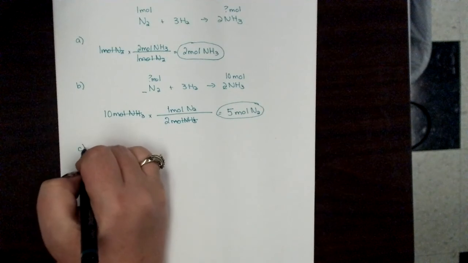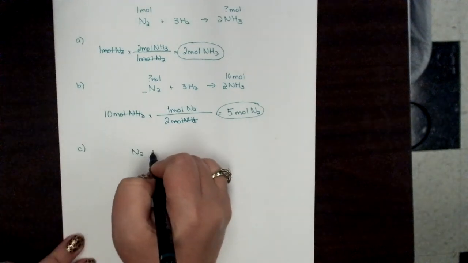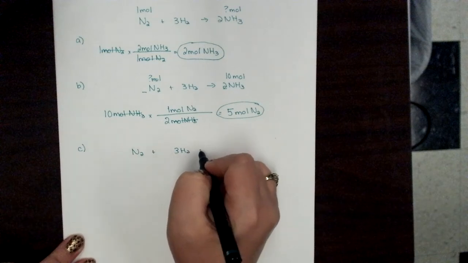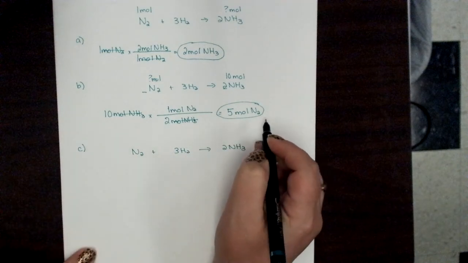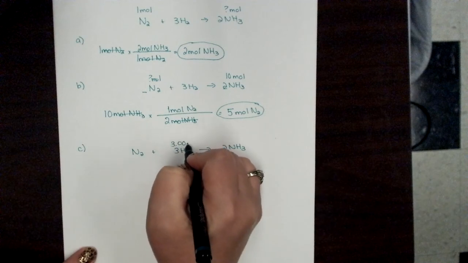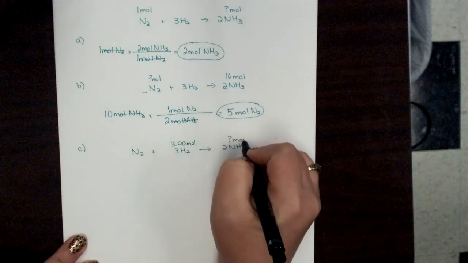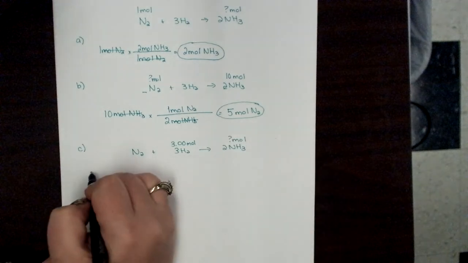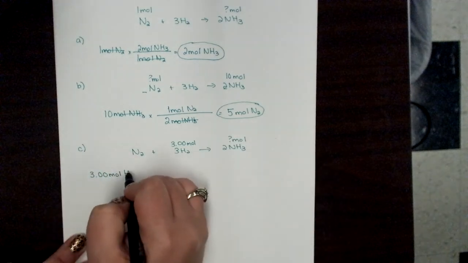Then we go to C. Same reaction. This time they tell us 3.00 moles of hydrogen were used. How many moles of ammonia? So we start with 3.00 moles of H2.